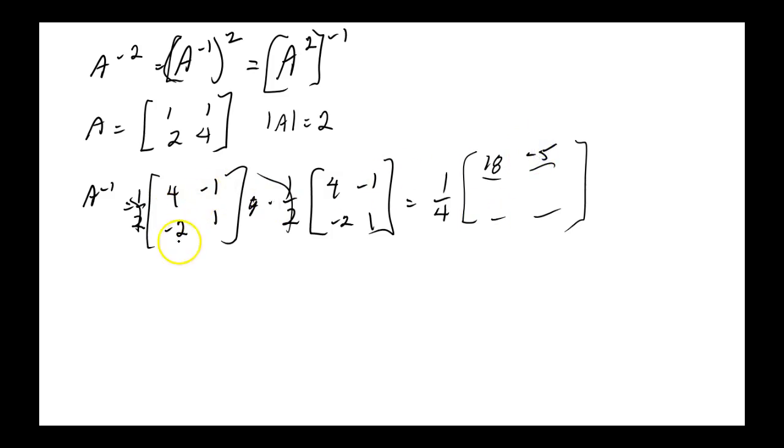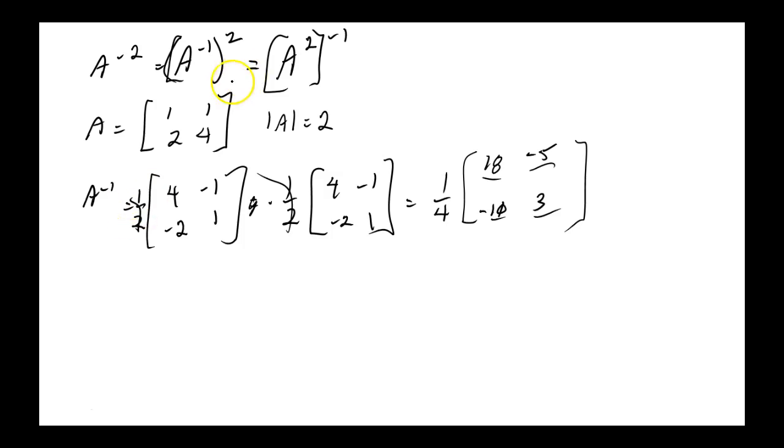The 2, 1 entry here is second row, first column. Minus 8 minus 2 is negative 10. And then the 2, 2 entry is second row, second column. 2 plus 1 is 3. So there's A to the minus 2, the first way we did it.